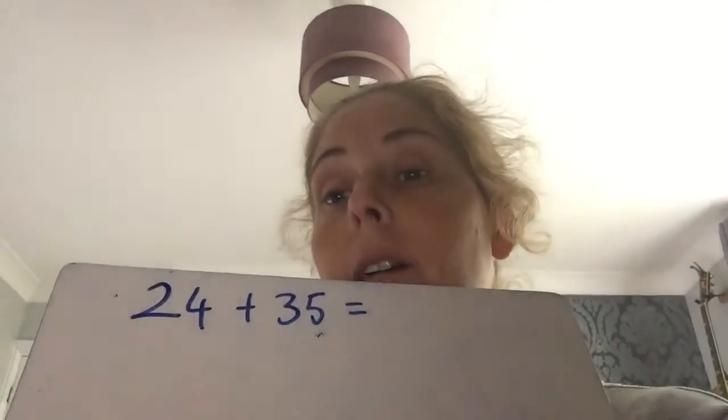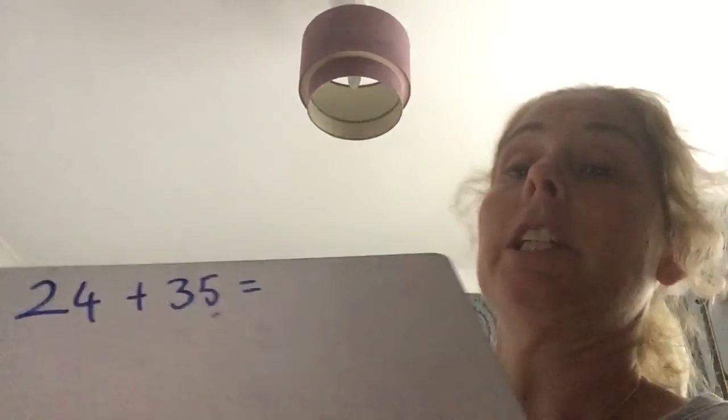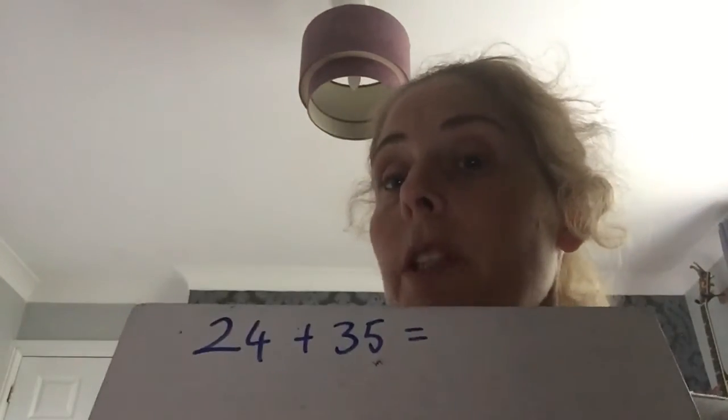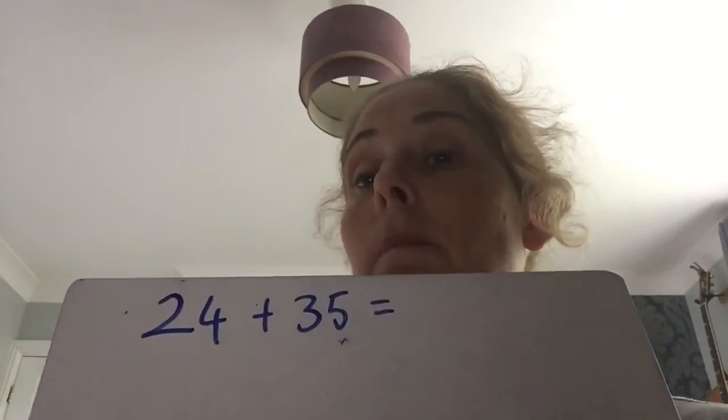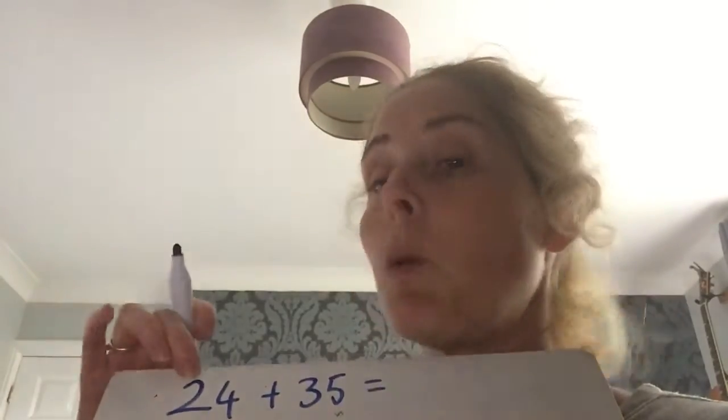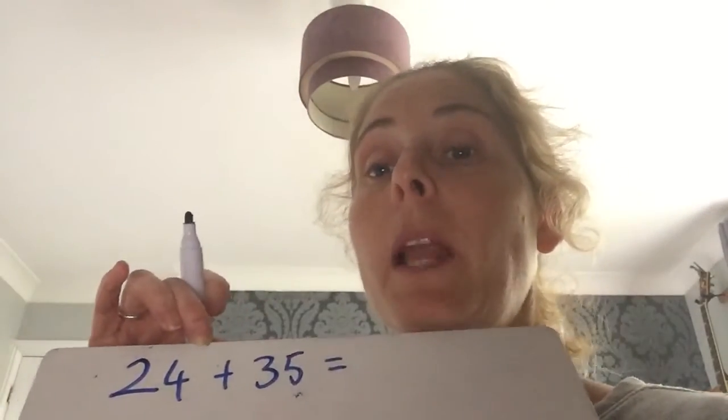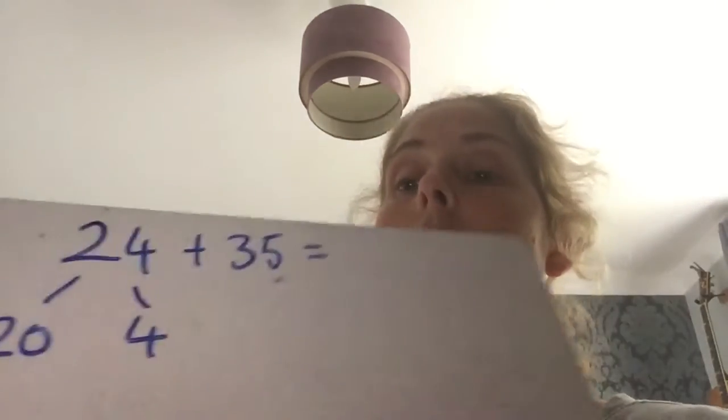Now remember, you are quite good at this. I always say to you, we actually pretty much say what it partitions into when we say the number. When we say 24, we're saying that it partitions into a 20 and a 4.